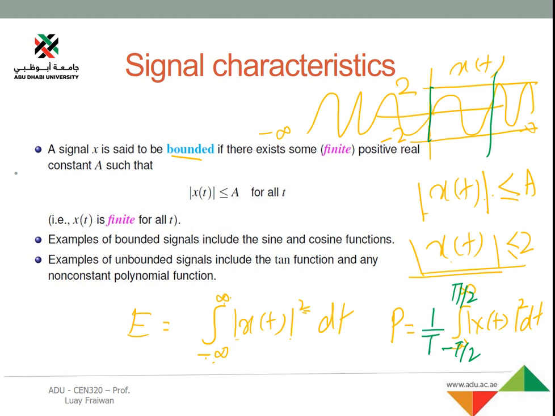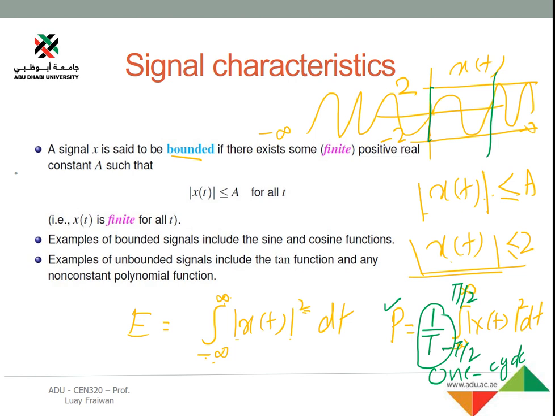So integrate over one cycle and divide by the cycle period, and we will get the power of the signal. These are just the basic characteristics, calculations, definitions and properties of signals.